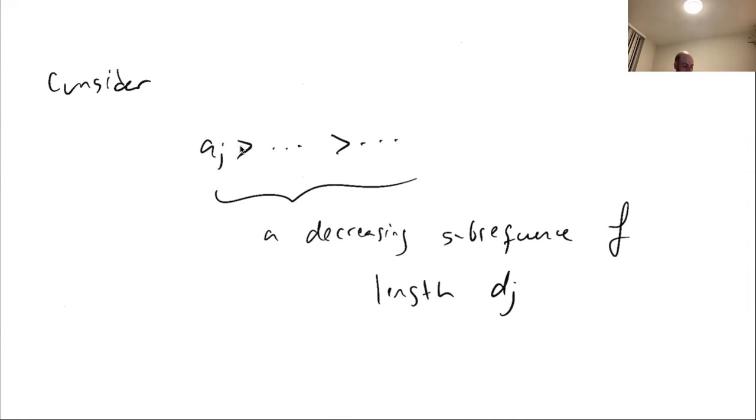So that means if I start from AJ, there exists a decreasing subsequence starting from AJ of length DJ.